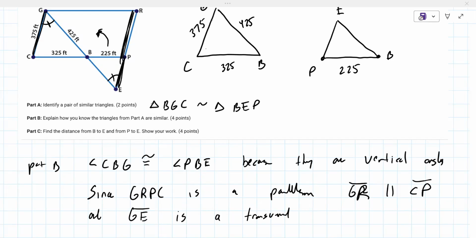should I just put segment GR is parallel to... Yeah, you can say that, or you can put the line over it. Segment's good as well. Segment GR is parallel to segment CP, and then GE is the transversal.